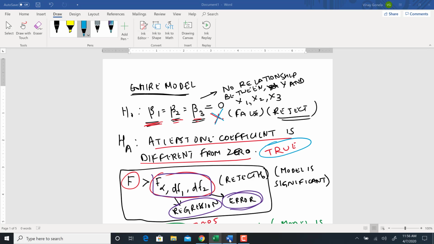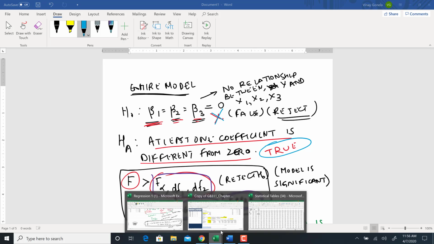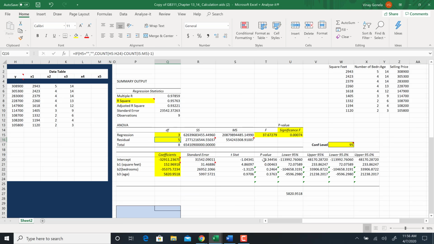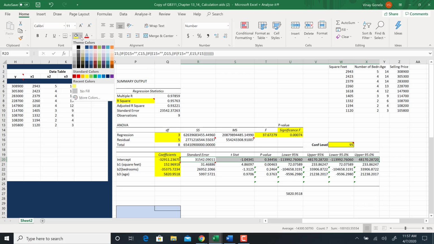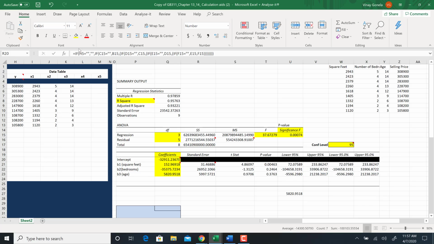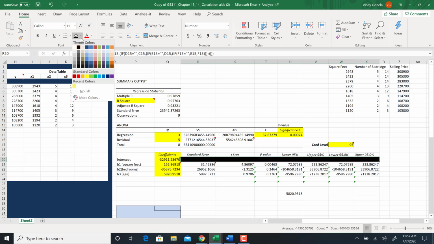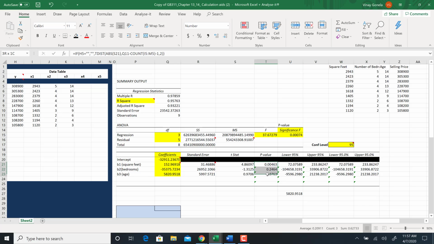To do that, one of the ways is to look at p-values. Usually for the intercept, you don't touch it at all. It's just the y-intercept, so you take those values directly. For the rest, you look at the p-value, and if the p-value is less than alpha, that factor is significant, and if it is not less than alpha, that factor is not significant.